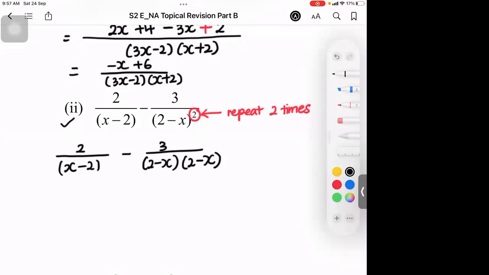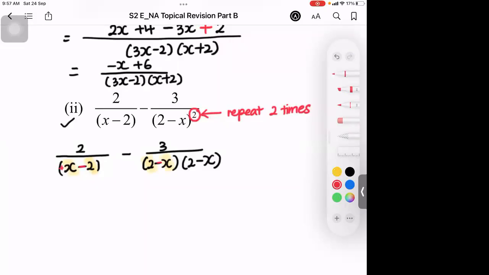Then let us observe the denominator. This one, the x is positive, x is in front. The 2 is negative, 2 is at the back. But this one, the 2 is in front, the x is at the back. Then the signs are different. The x here is positive, but this x is negative.